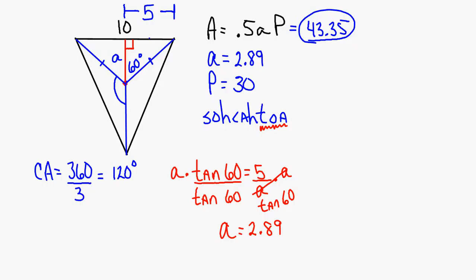All right, let's try a pentagon when you're given a radius. A pentagon, and you're given a radius of 7.